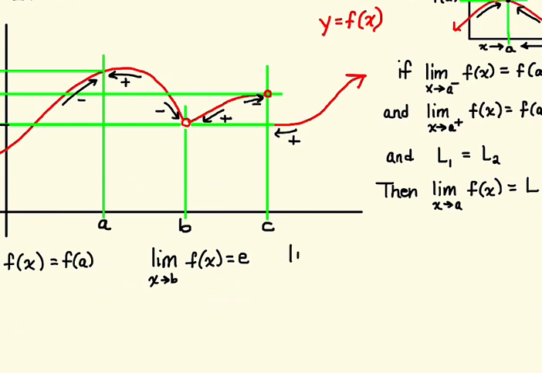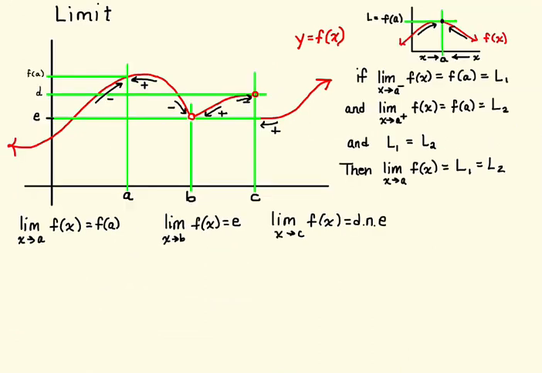So in this particular case, we say the limit as x approaches c of f of x does not exist. And the reason it does not exist is because although the left-hand and the right-hand limit exist, they are not the same.